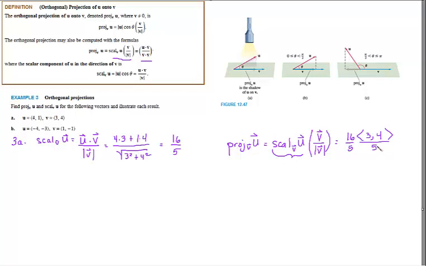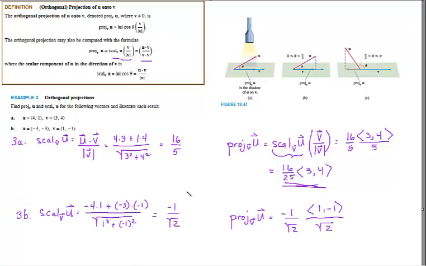I found that before, so I'm going to be writing that down as 16 over 25, 3, 4. So that projection of u onto v is a vector in itself, and it is in vector form.